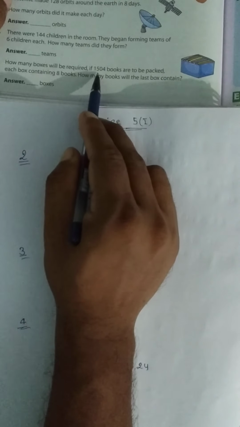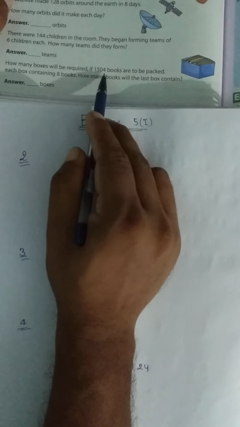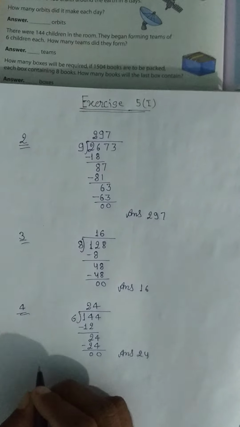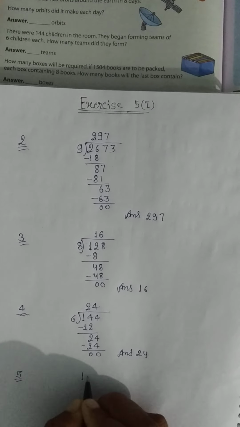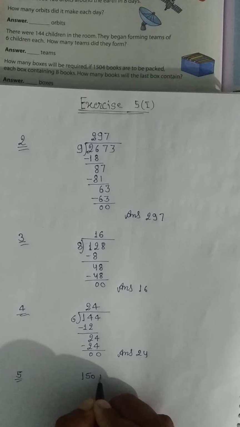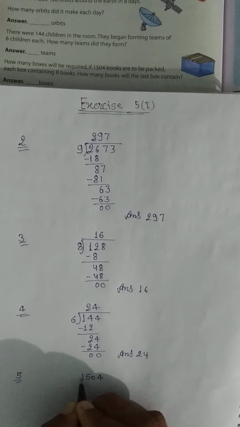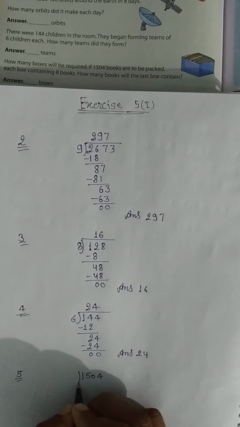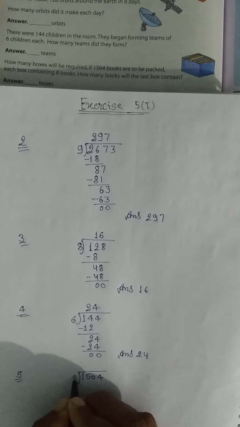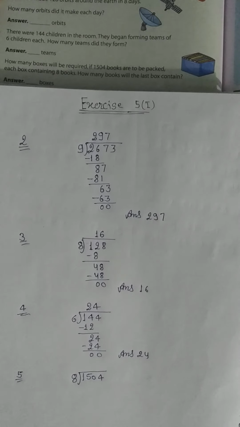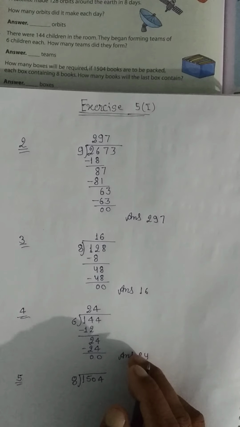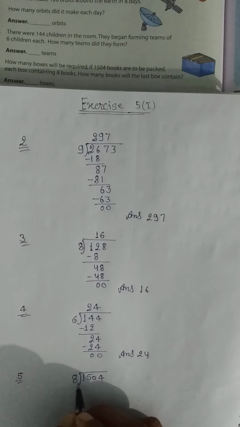Total number of books are 1504 and each box contains 8 books. So we will divide 1504 by 8.